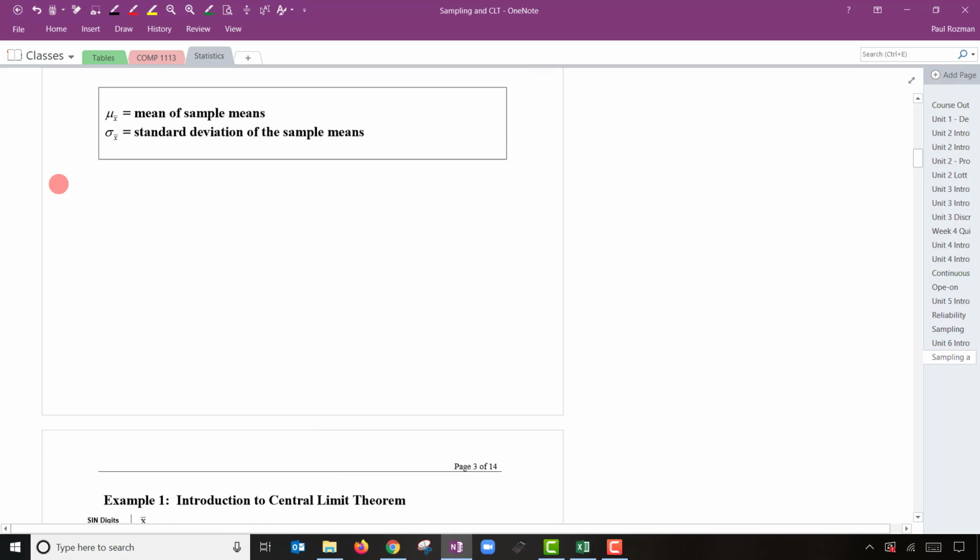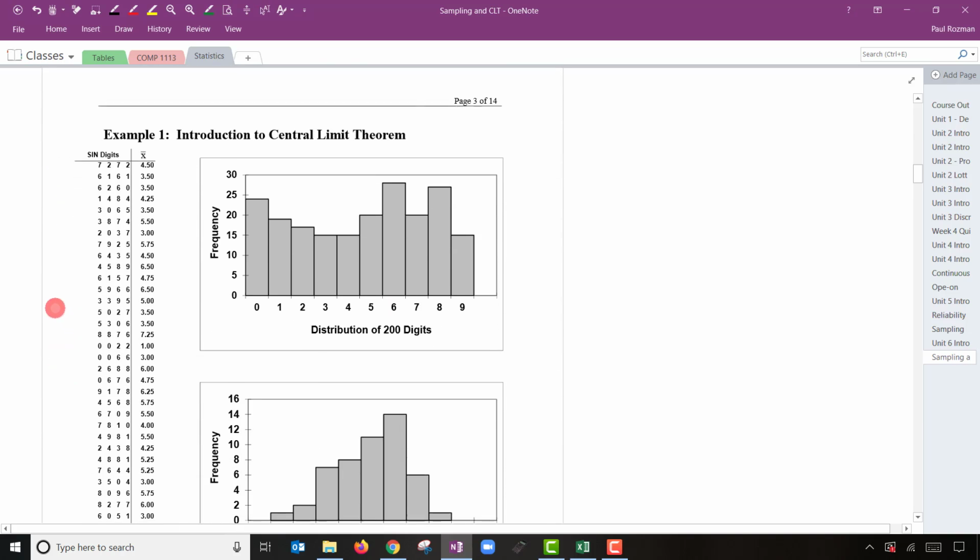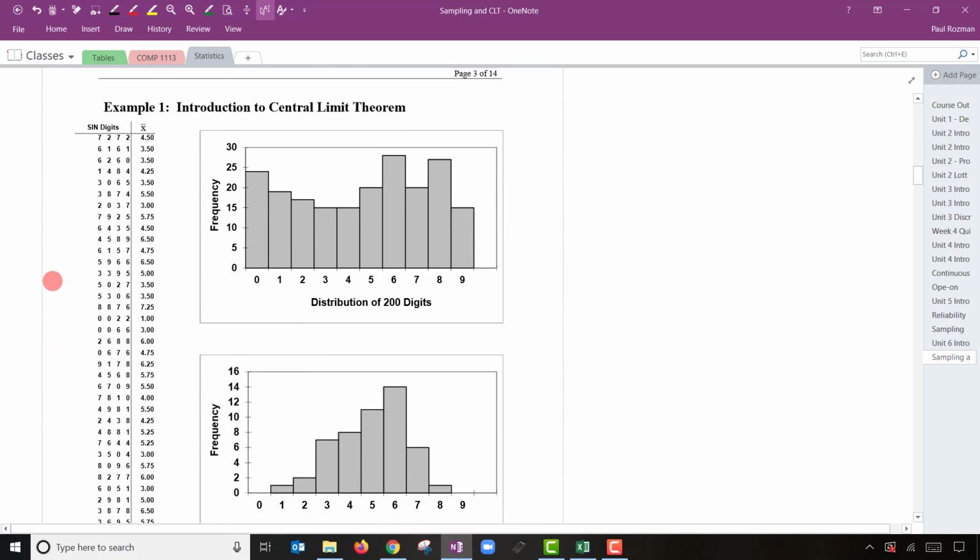I'll do a little example. I get a hold of 50 friends on Facebook and I say, hello friends, could you all send me your social insurance numbers? And 50 people all agree, but they're afraid, so they only send me the last 4 digits. It turns out the last 4 digits of your social insurance number are essentially random.